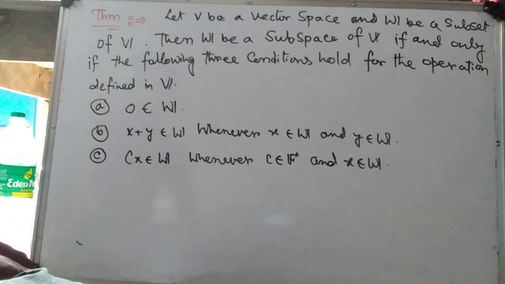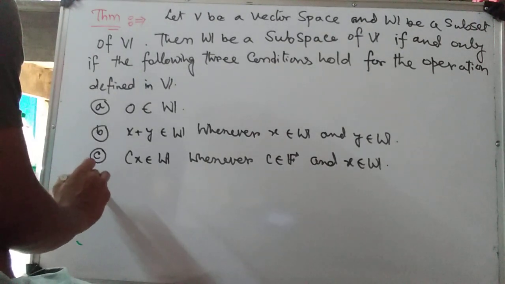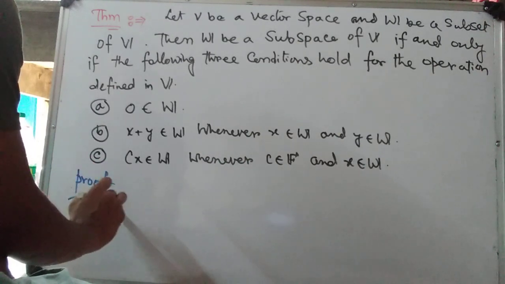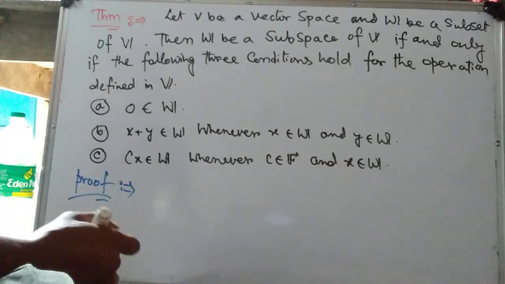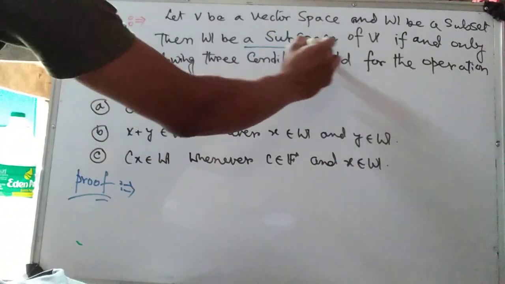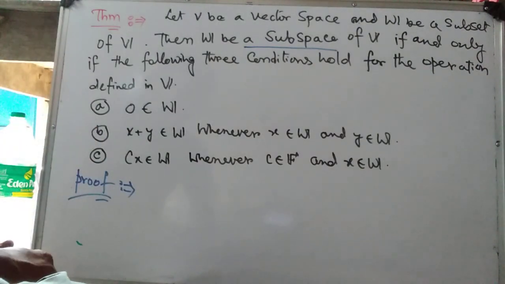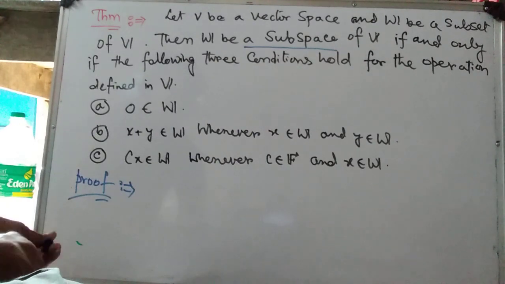Then we also write the proof here. If a subset is a subspace of V, then these three conditions are satisfied. We are going to prove that. First we start from here.